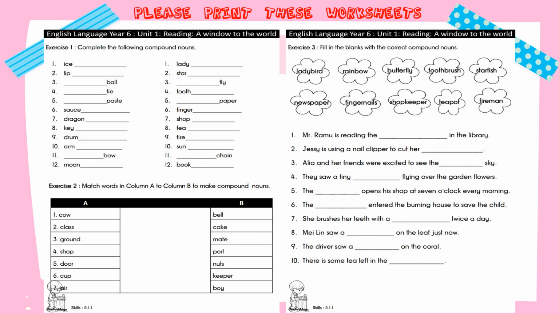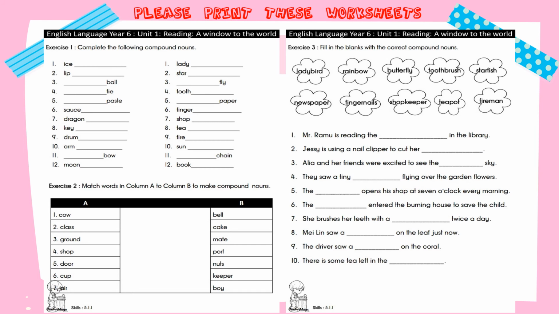Number 2, lip. It's up to you, lipstick, lip balm. Number 3, ball. Football. Handball. Okay, there are many answers, but I want you to use your own answers here.